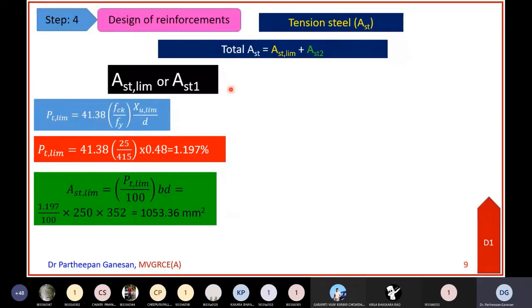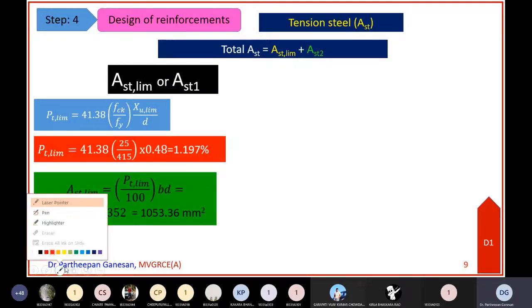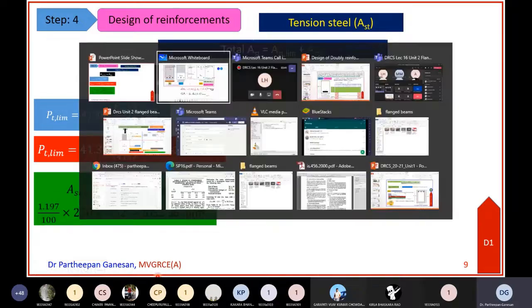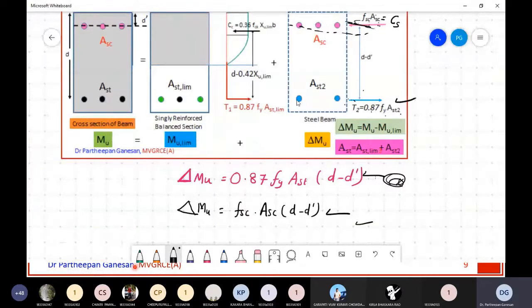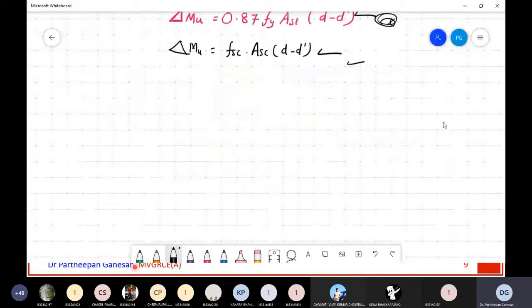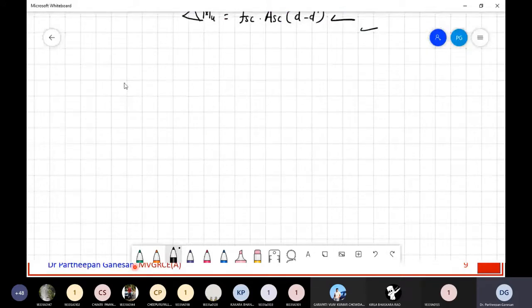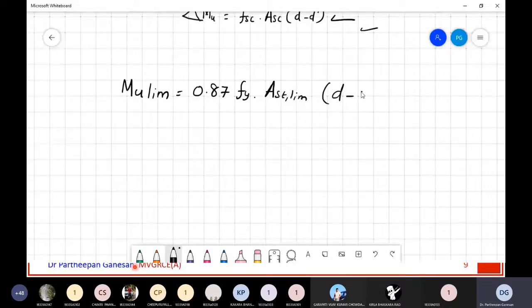Remember, you can also find out AST limit another way. MU limit is equal to 0.87 FY AST limit into D minus 0.42 XU limit.